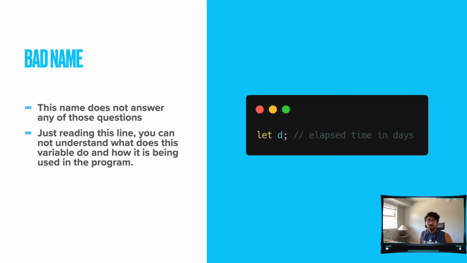So let's look at an example. If we go back to our old code, we can always find some example like this where we used just a t for storing a date, right? Which made sense when we were coding something, just trying to figure out the problem. If you ask those three questions to this single-letter variable name, you won't get any answers.